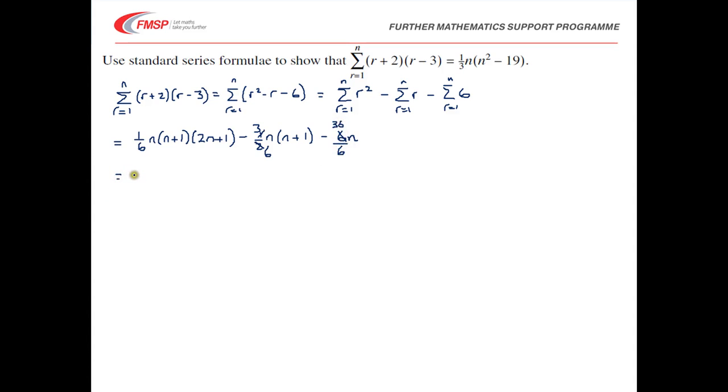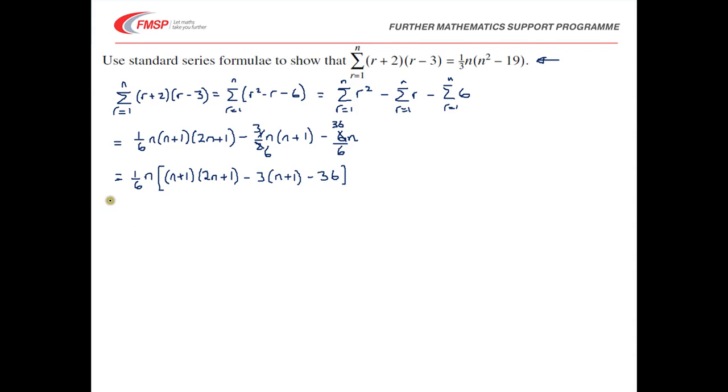Then you can take out 1/6. And each term also has an n in, and if you look at the thing that we're aiming for, you can see you need a factor of n at the front. So that leaves us with n plus 1, 2n plus 1, minus 3 n plus 1, minus 36.